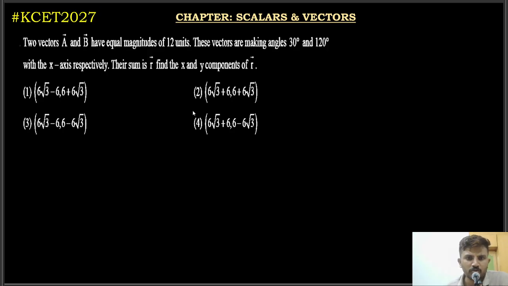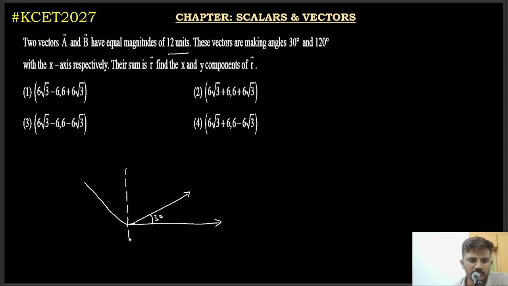So here we have one more question, that is two vectors A and B of equal magnitude 12 units. These vectors make an angle of 30 degrees and 120 degrees with the x-axis. So there is the x-axis, there is a vector which is making 30 degrees with the x-axis, and let me take this as the y-axis.